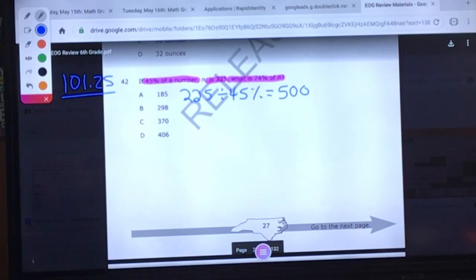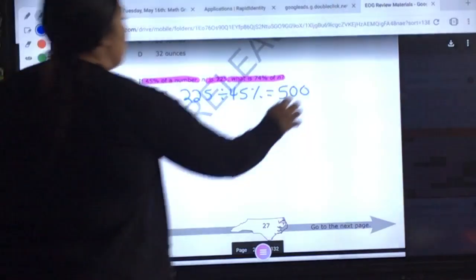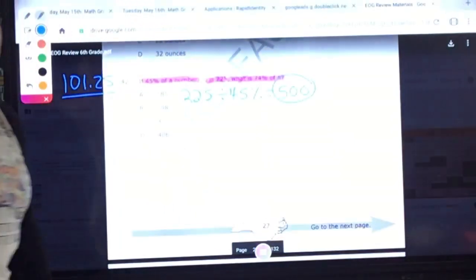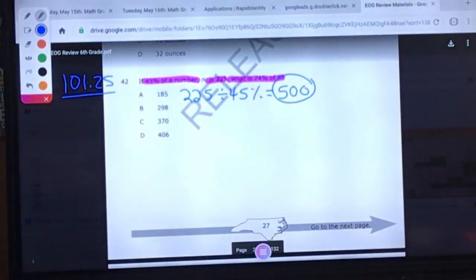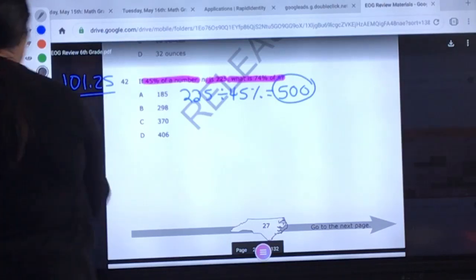You've got to use this thing up here at some point during this test, just a little bit. So now, what do we do with this 500? Because that's not our answer. But we needed to know that number to what? To find the answer. So now, can we use our proportion equation?